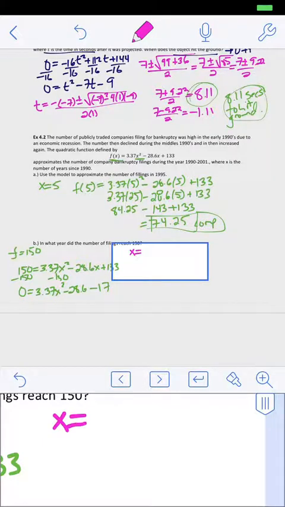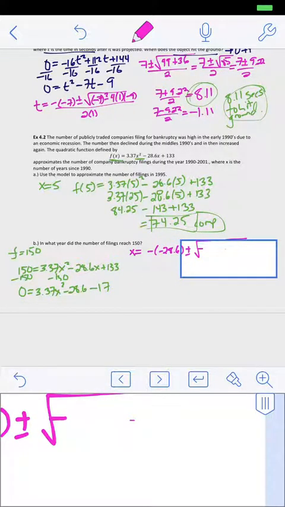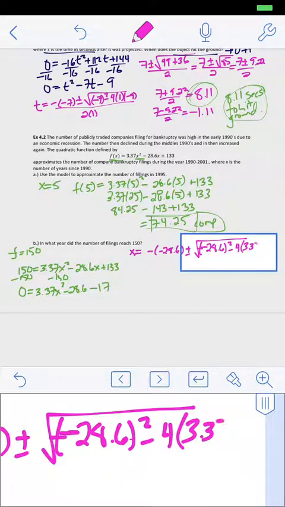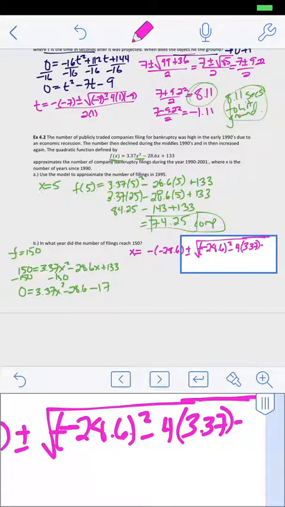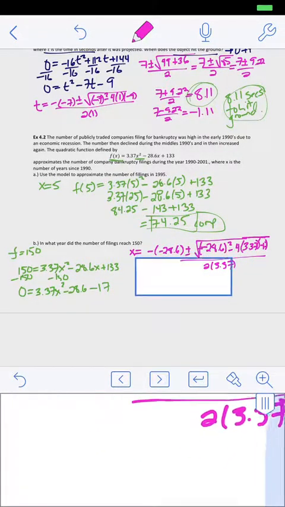So x is equal to minus a negative 28.6 plus or minus the square root of negative 28.6 squared minus 4 times, let's see, a was 3.37 and c is now negative 17, all over 2 times 3.37. Okay, we'll simplify that down a little bit.